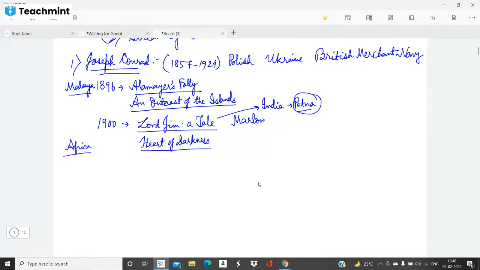Heart of Darkness came out in the year 1902 in a collection called Youth, a Narrative, and Two Other Stories.